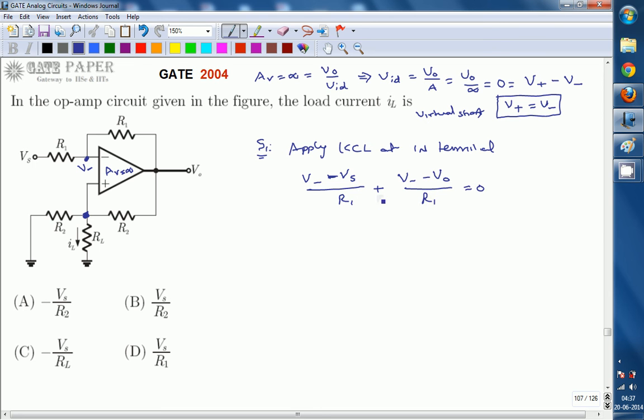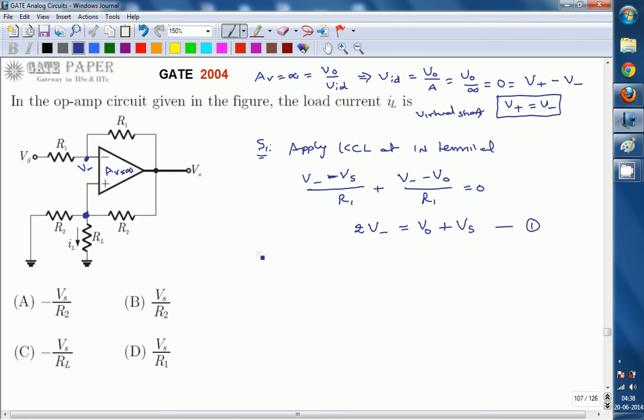Both have denominators R1, so R1 cancels. So we can write 2 times V minus is equal to V0 plus Vs. This is equation 1.